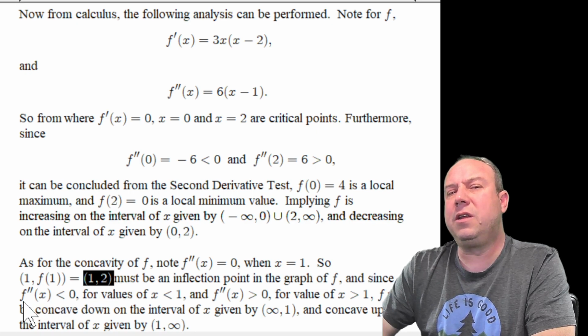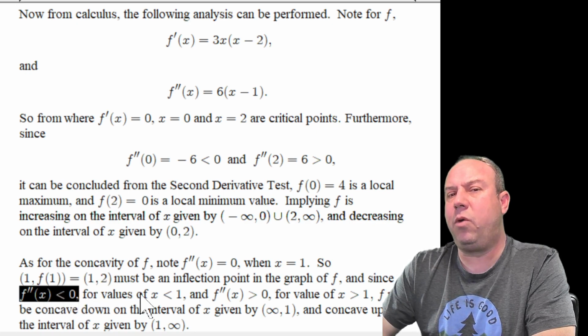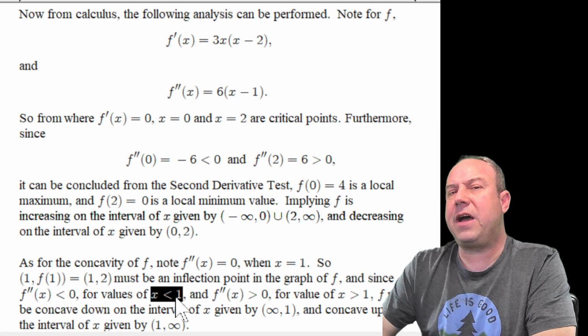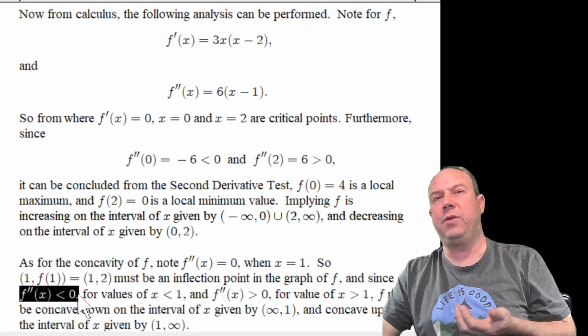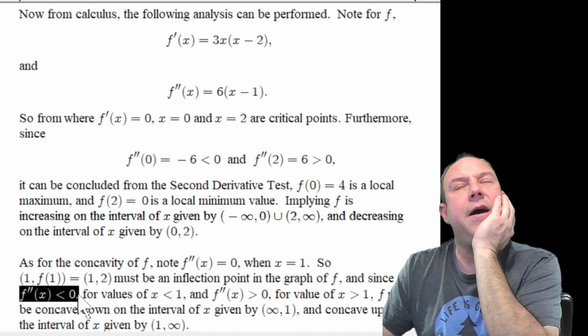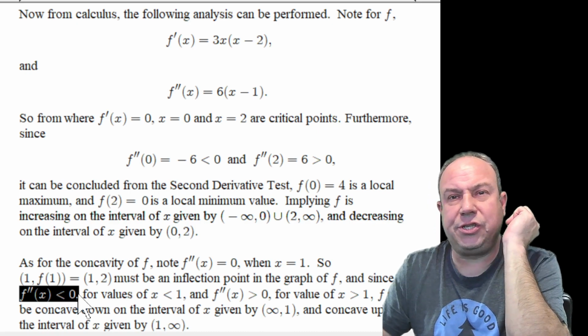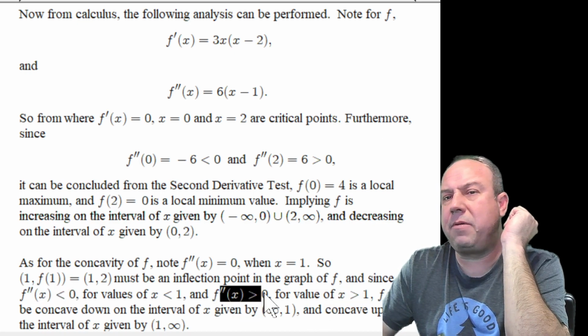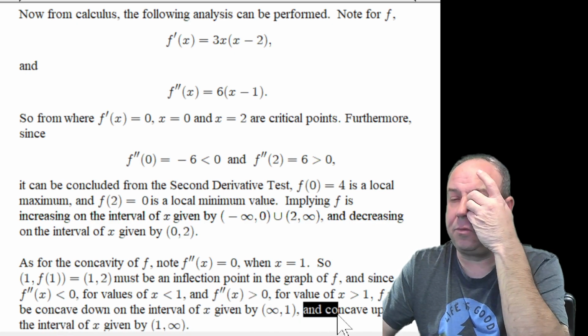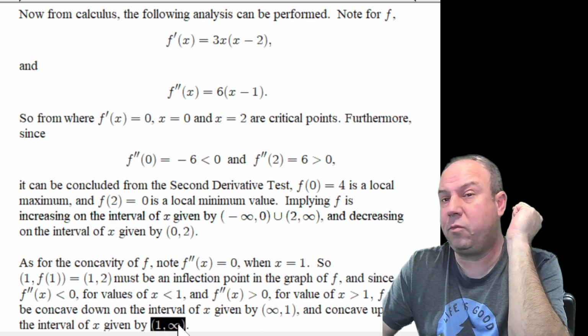And if we note a little bit about the behavior on either side of 1, for values of x less than 1, f double prime is less than 0, indicating we are concave down in that region. And when x is greater than 1, f double prime of x is greater than 0, meaning we must be concave up on that region bigger than 1, right, from 1 to infinity.